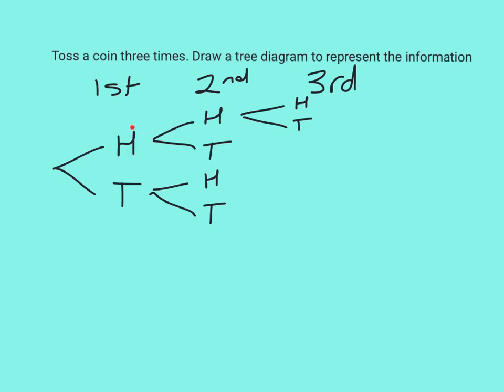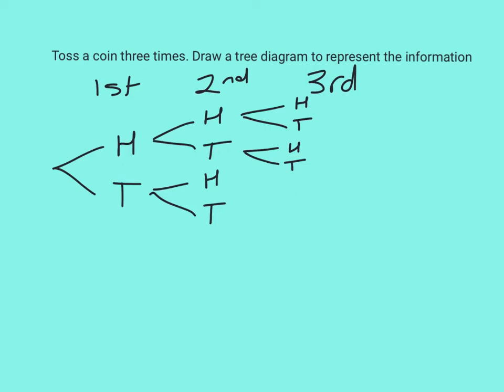So that would give me heads, heads, heads, and heads, heads, tails. Or we are going to have heads or tails here. So we get heads, tails, heads, and heads, tails, tails.